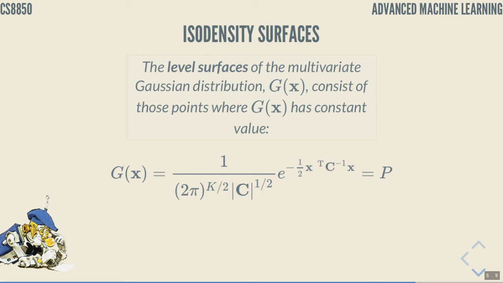But still within that distribution, there will be isosurfaces or level surfaces for the distribution of a constant value. Just an example for the one-dimensional case of Gaussian, there will be 2 points for a symmetric Gaussian that have the same value. But now let's go into 2 dimensions.